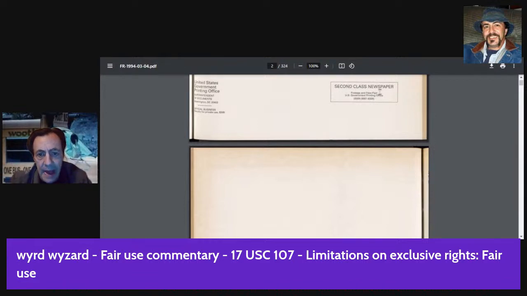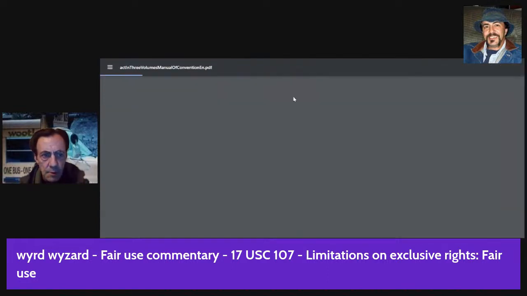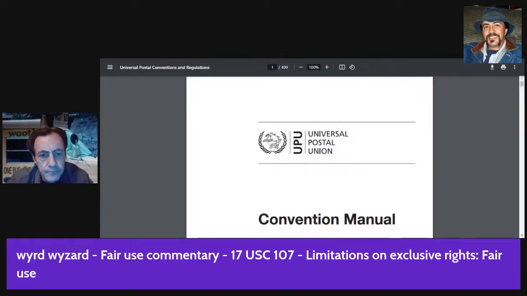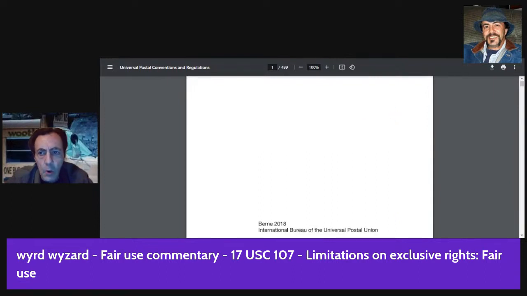Postage and fees paid. Remember, we were talking about the franking privilege. We're going to talk about that in another video. I'm going to do a video on the Universal Postal Union. What is it? Let me pull that up real quick. Act in 3 volumes, the Manual of the Convention, another online PDF, Universal Postal Union Convention Manual.